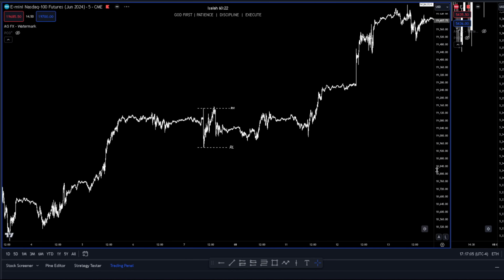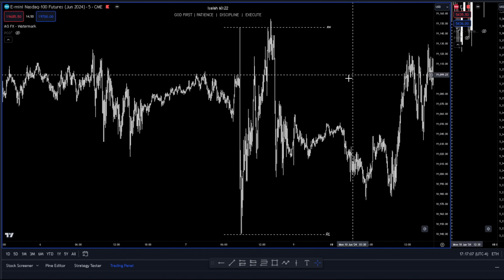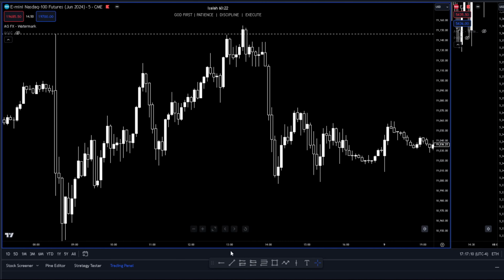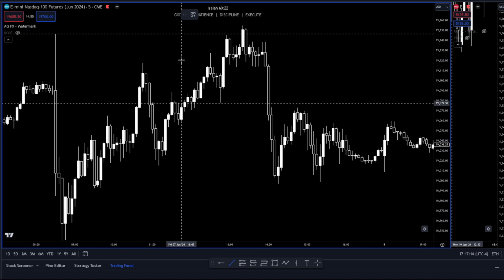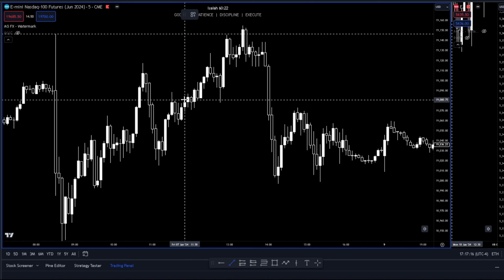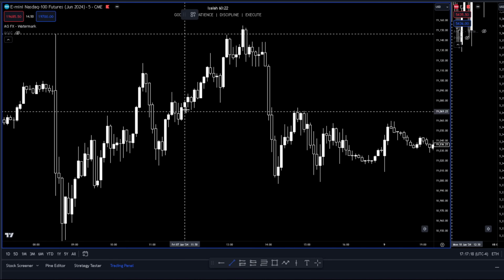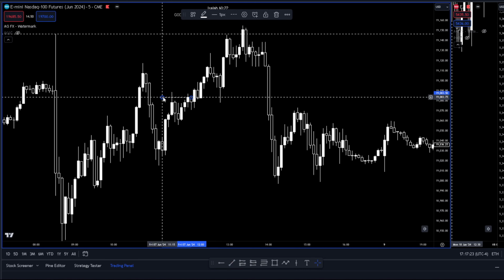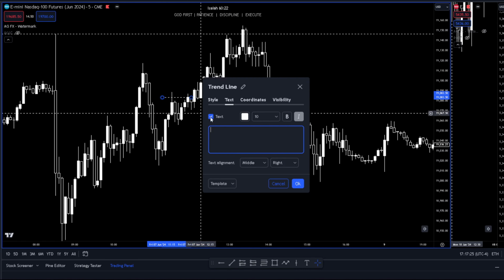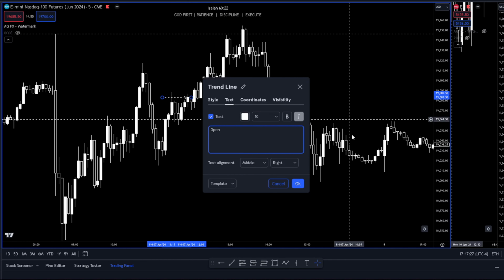I'll draw out the open, the high, and the low. So the 12 o'clock candle, okay, the opening of the 12 o'clock candle, where's it at? Right here. So we had this open right here.